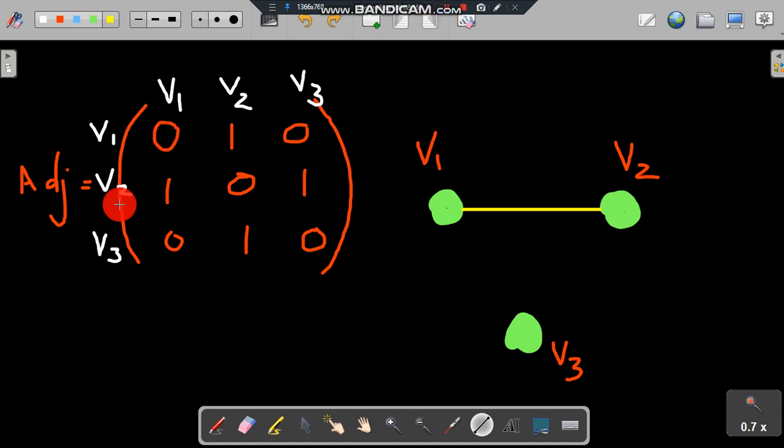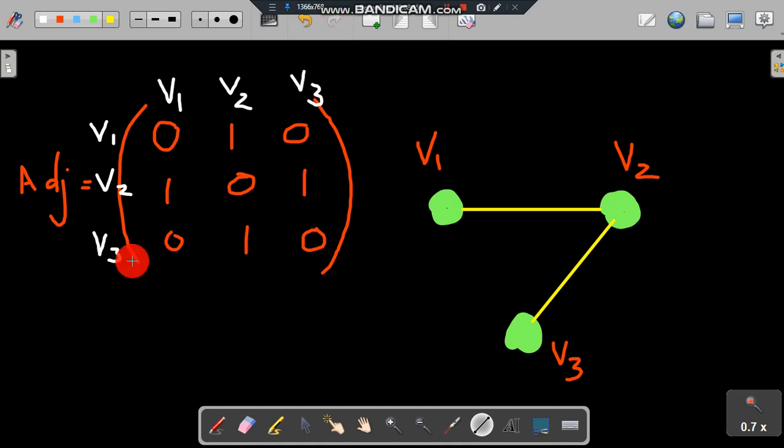Now look at V2 now. V2 and V1 are adjacent to one another. So that's what we have drawn here. V2 and V2, no, they are not adjacent. V2 and V3, yes, 1 comes, they are adjacent to one another. Therefore we have to draw an edge between V2 and V3.